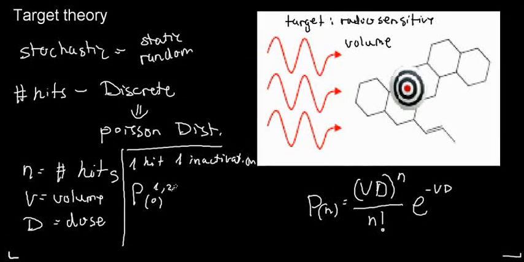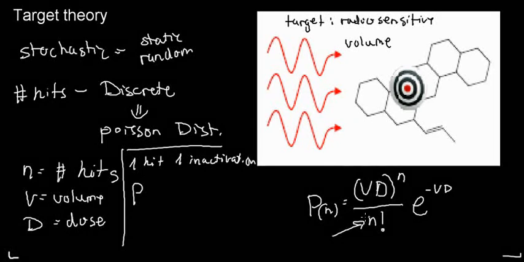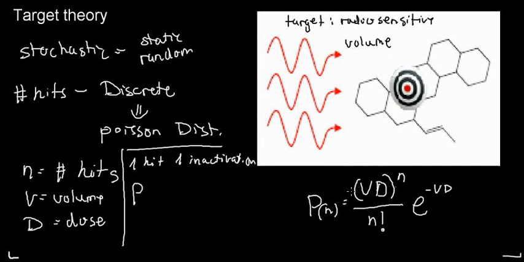So really I'm interested in who survived. What is the probability that I have surviving fraction that I'm dealing with? And if n is 0, basically this is 0, and this whole exponent is going to be equal to 1.